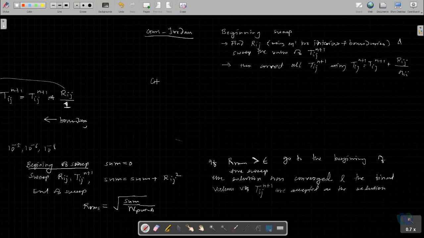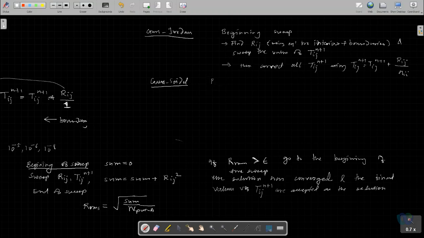And in Gauss-Seidel, you do it in a similar manner, but there is only one difference.